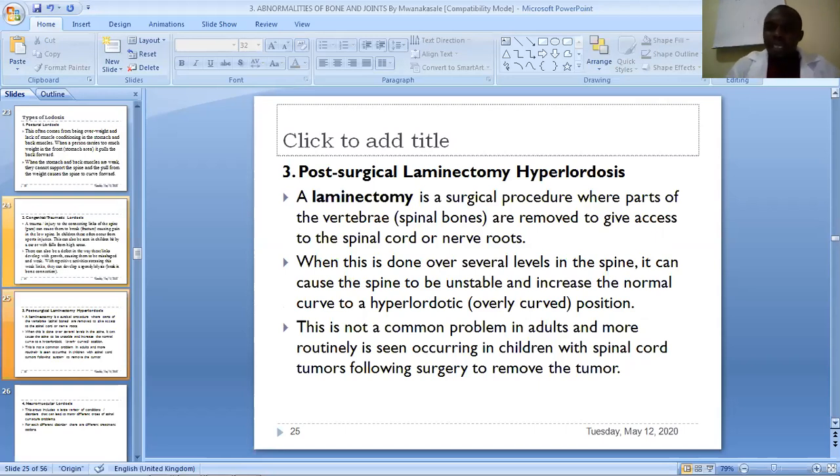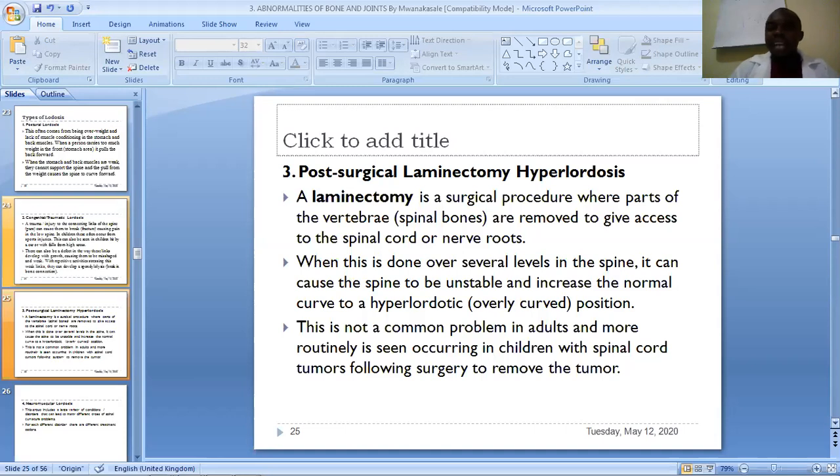What are these nerve roots? By nerve roots, we are referring to these 31 pairs of spinal nerves. In case the surgical team would love to access one of the 31 pairs of the spinal nerves, especially the roots, then they have to do a laminectomy. They have to remove some parts of the vertebrae bones to access the roots of the nerves.